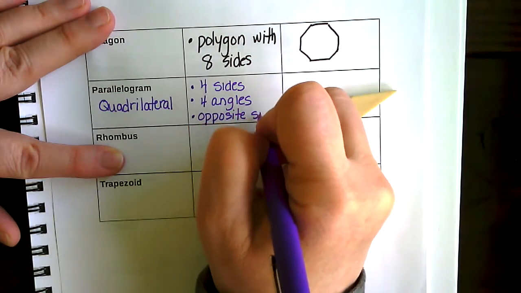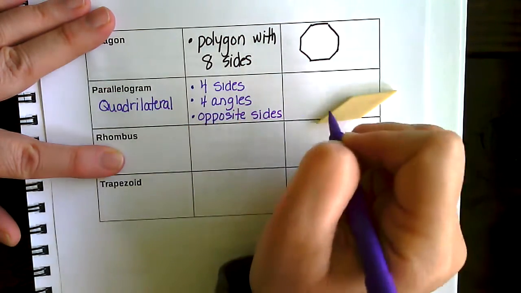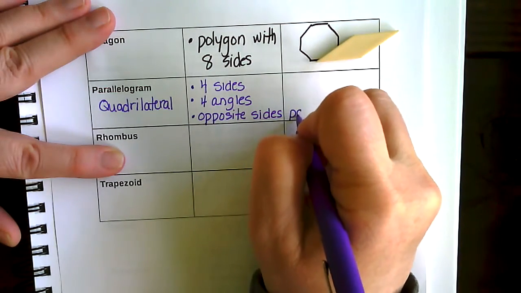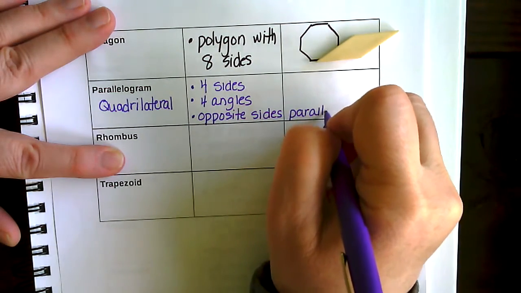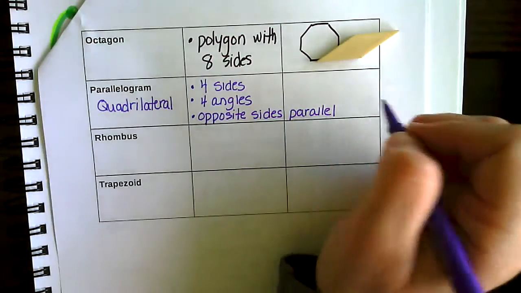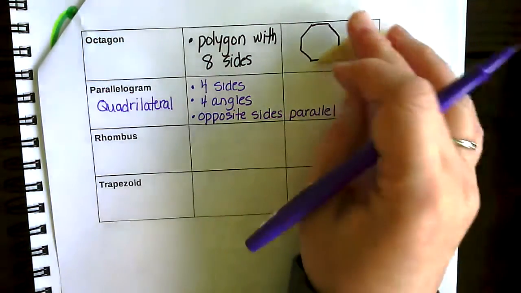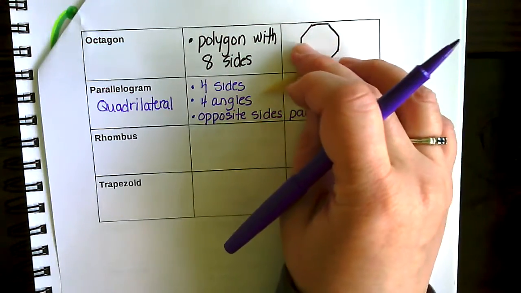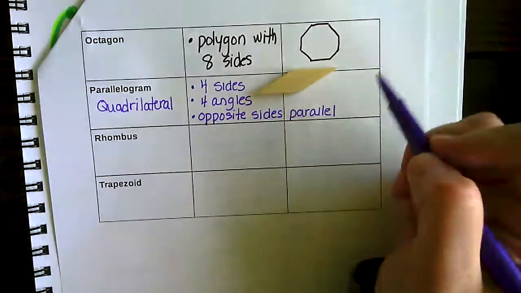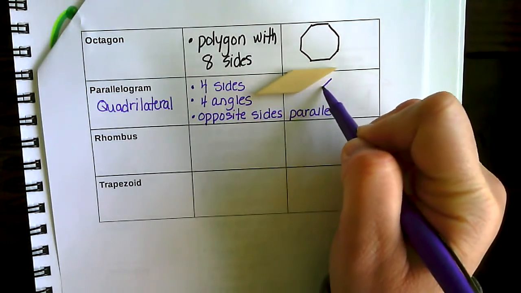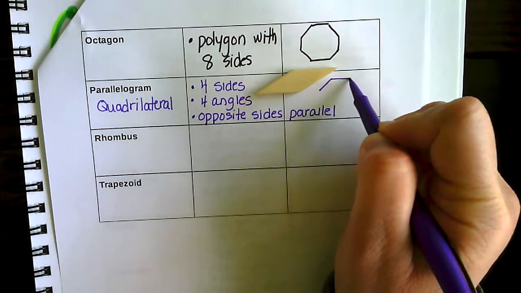Opposite sides, and I'm running out of room, so it's okay if you go into that box. Parallel. Here's an example of a parallelogram, and you can try to do a pencil sketch. Basically, it looks like a rectangle slanted.